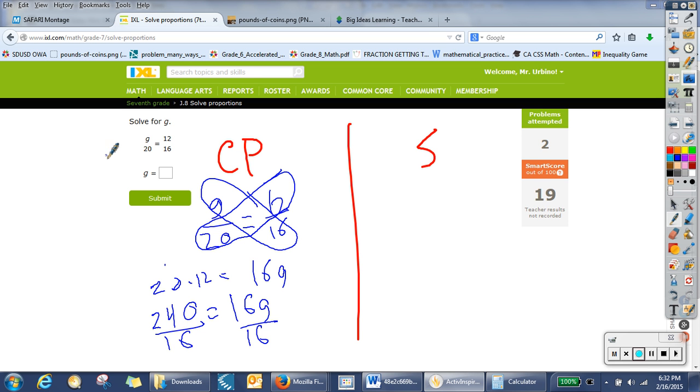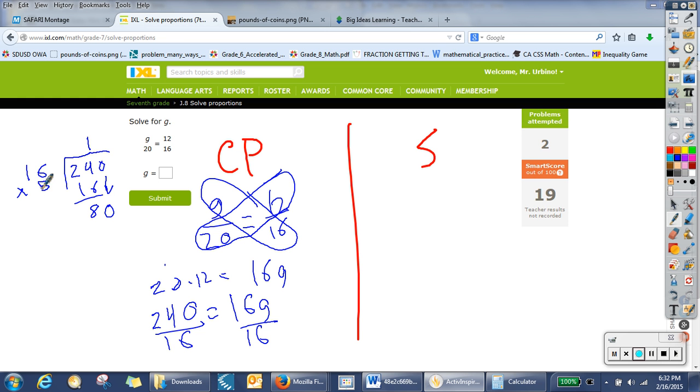I can't do that off the top of my head, so I'm just going to do it off to the side. 240 divided by 16. See, 16 goes into 24 one time. 16 times 1 will give me 16. 24 minus 16 will give me 8. So something times 16 is 8. I'm not sure what the number is.